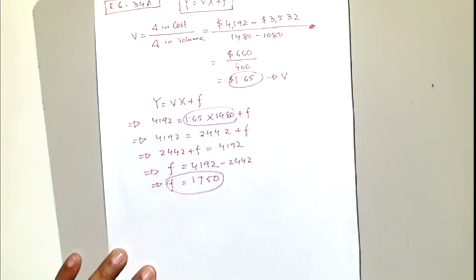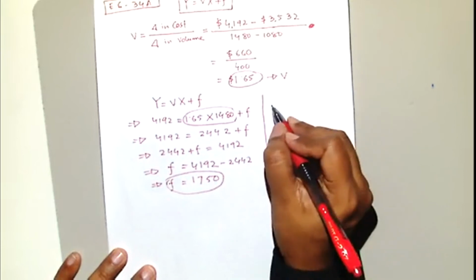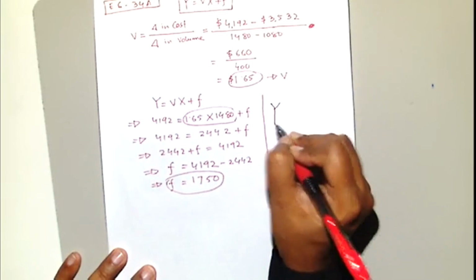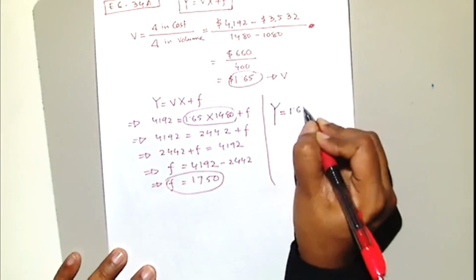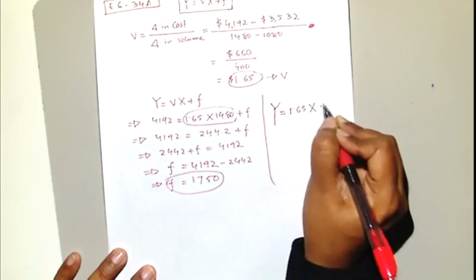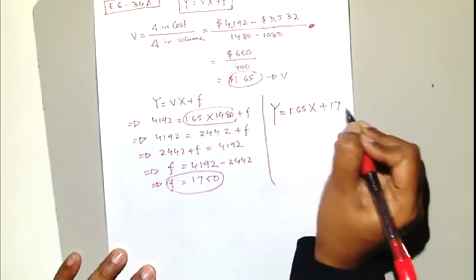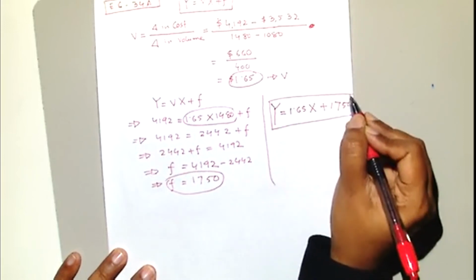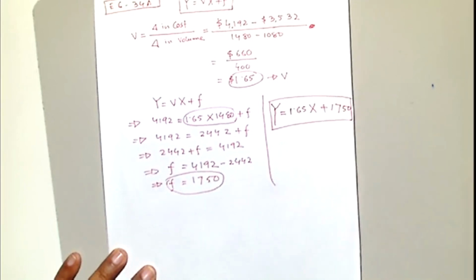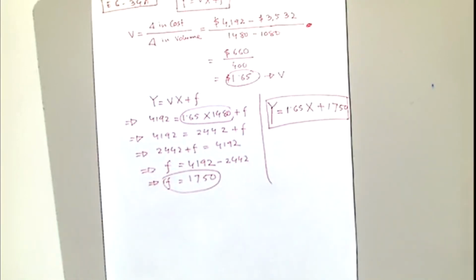That's my V. Now I can write down my cost equation. A standard cost equation is Y is equal to 1.65x plus 1750. This is my cost equation. So now you can figure out any cost depending on how many hours your machine will run.